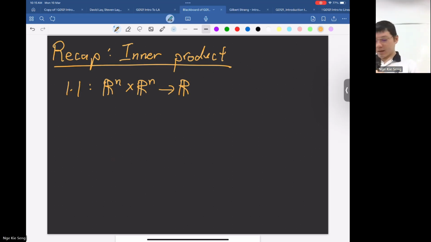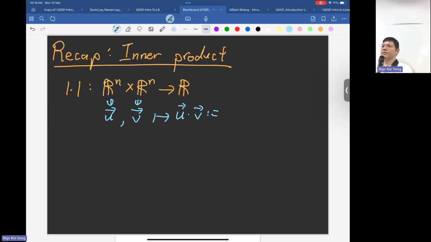So you take u, v, and you dot them together. Anyone remember what the formula is? How do you multiply an n by 1 matrix together?